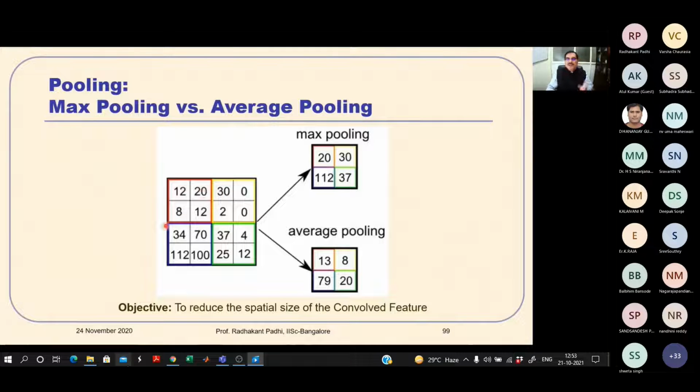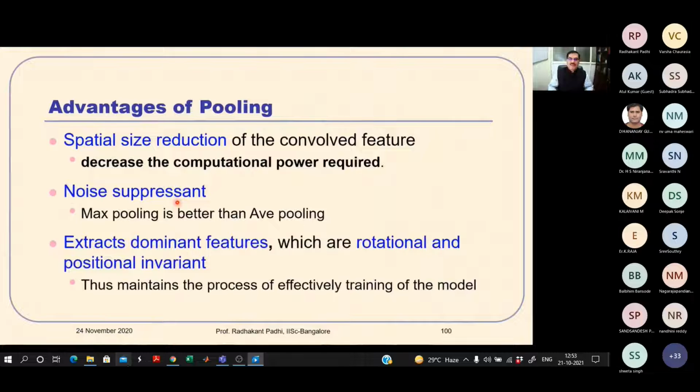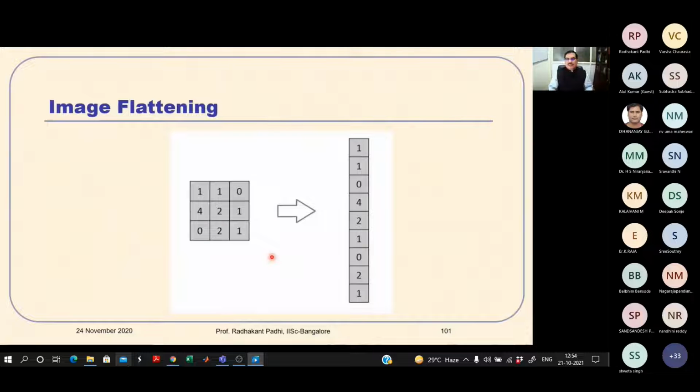Right now if 8 changes here and 20 comes here, there's a different value. But if everything is 20, it doesn't matter which one you put here, everything is the same anyway. So that is why this brings in certain invariant features, which is good for the training processes. So it gives you rotational and positional invariant features.